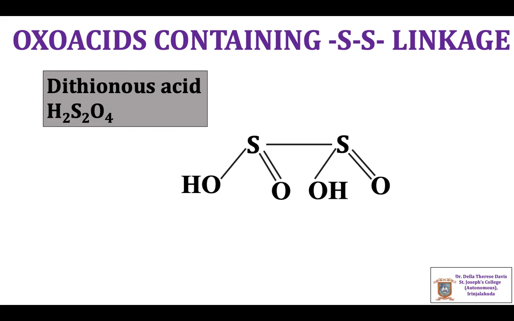Next is oxoacids containing sulfur-sulfur linkages. Dithionous acid is an example of an oxoacid with S-S linkage. Dithionous acid is H2S2O4.